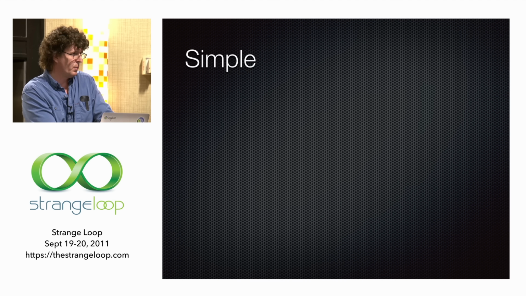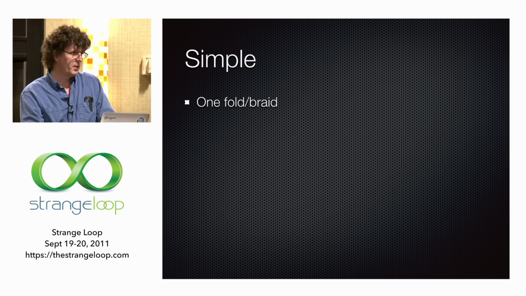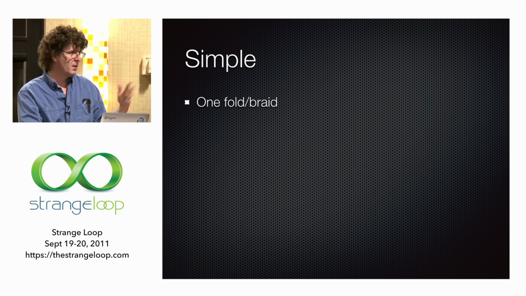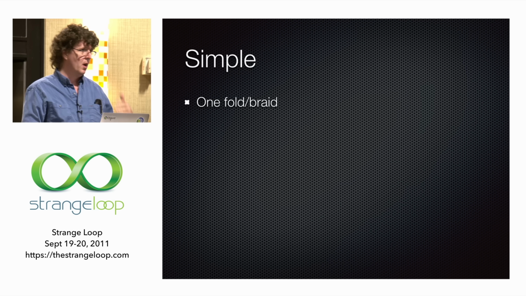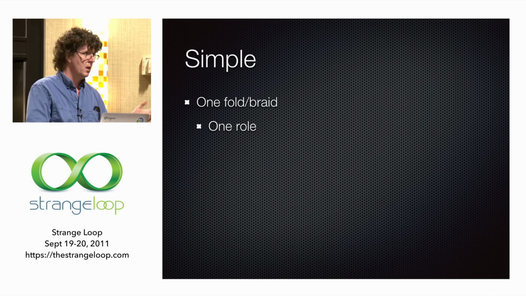So if we want to try to apply simple to the kinds of work that we do, we're going to start with this concept of having one braid and look at it in a few different dimensions. I thought it was interesting in Eric's talk to talk about dimensions because it's definitely a big part of doing design work. And so if we want to look for simple things, we want to look for things that have one of something. They have one role. They fulfill one task or job.